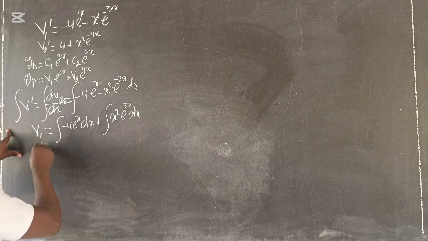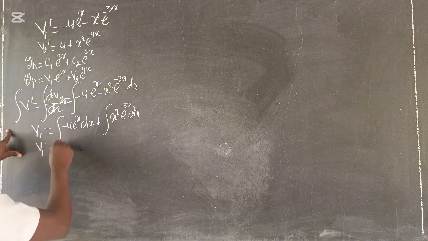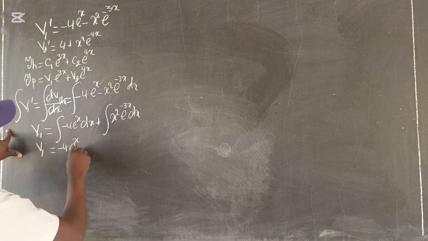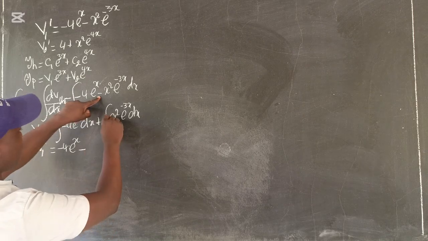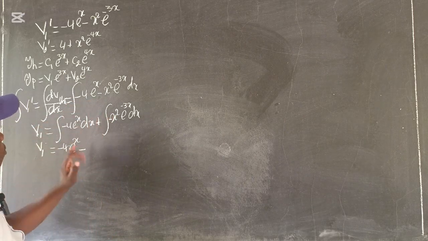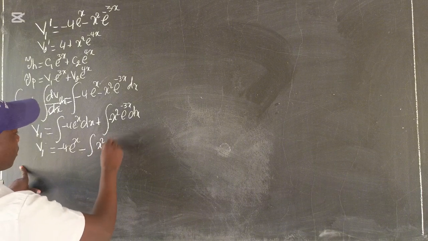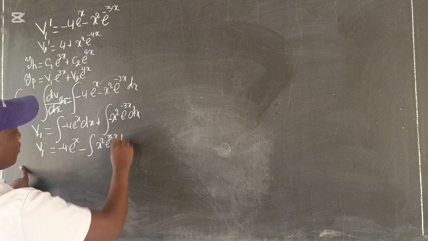Here, v1 is equal to minus 4 exponential of x minus, because here is minus, it has to be here, x squared exponential of 3x dx.